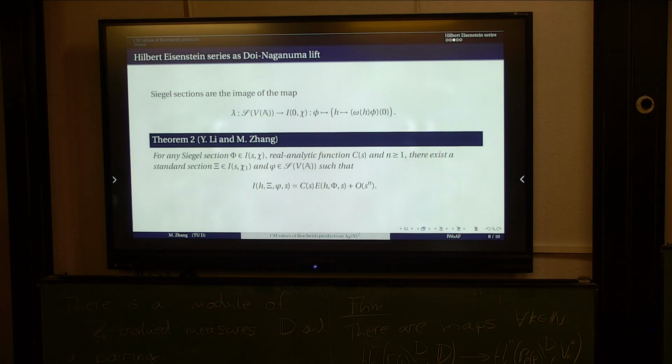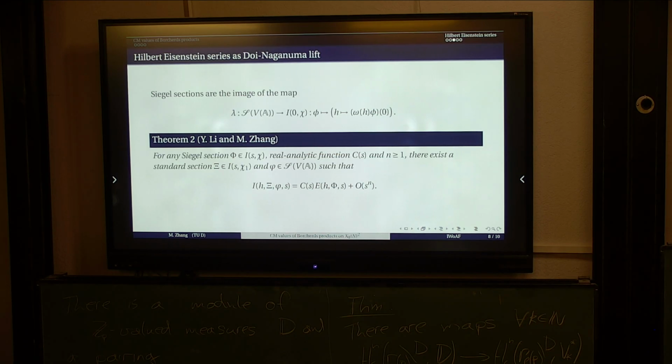So there is one special class of sections in the principal series called the Schwartz sections. Schwartz sections are the image of the lambda map. So lambda maps a Schwartz function to an element in the degenerate principal series by taking values at 0.